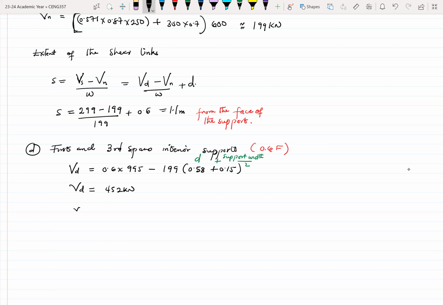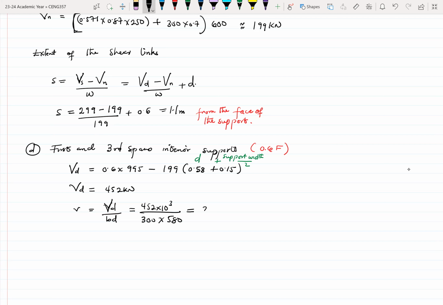We find the shear stress VE, which is VD over BD. And this will give us 452 times 10 exponent 3 over B, where B is 300 times 580.